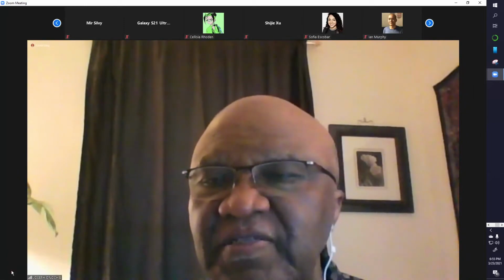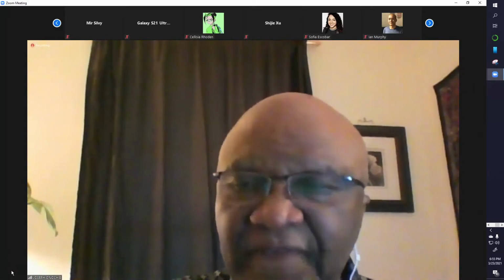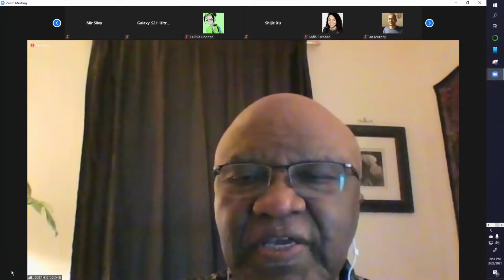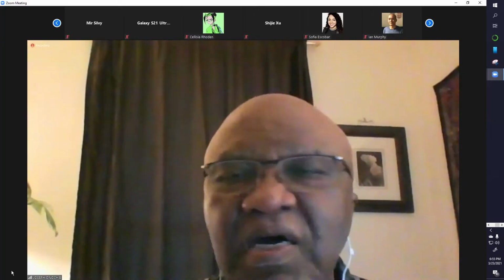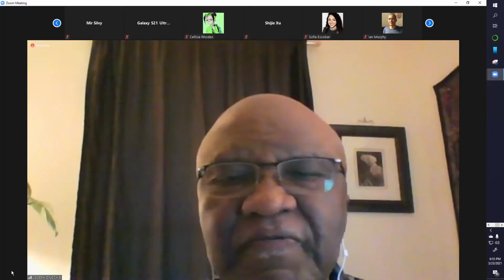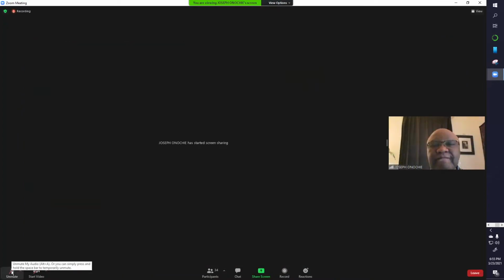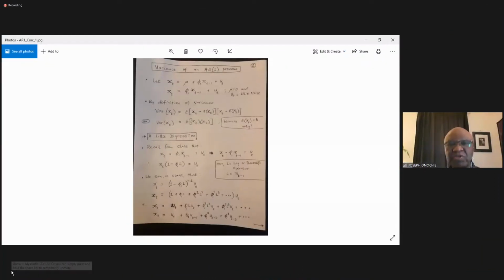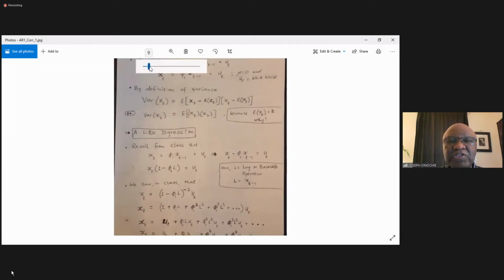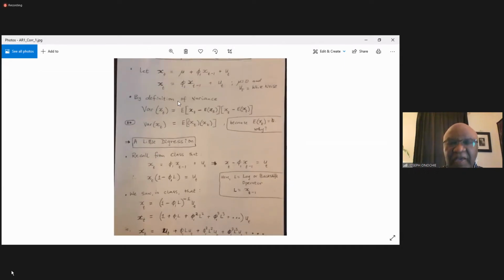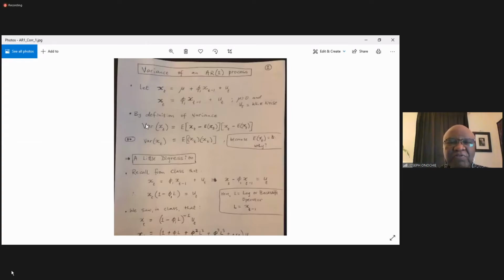Hopefully I can find it. You have those 2 pages from last week. Okay. So this is the first page I showed you last week, the first of 2 pages we used when we proved variance. I just called it variance last week, but I could have said autocovariance at lag 0.